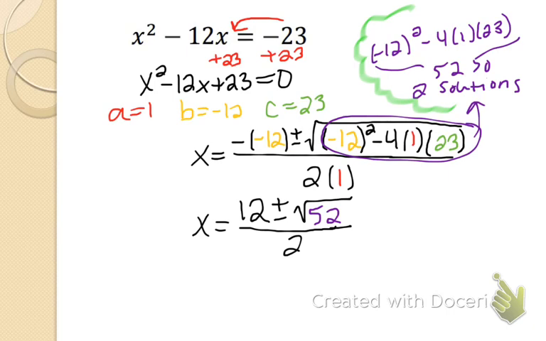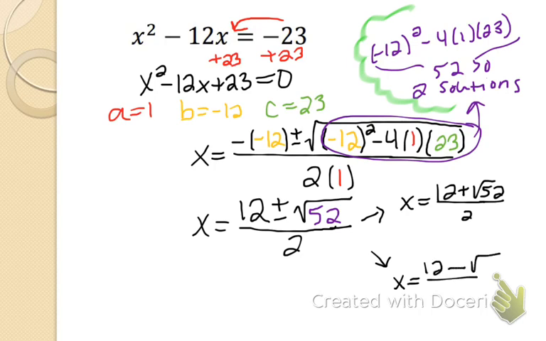Well, 52 is not a perfect square, so we're going to leave it as is, and we're going to split this up into 2 answers. X is 12 plus square root of 52 divided by 2, and x is 12 minus square root of 52 divided by 2.